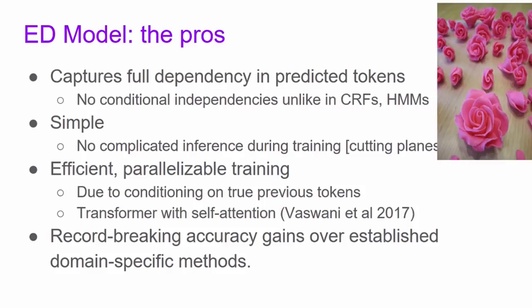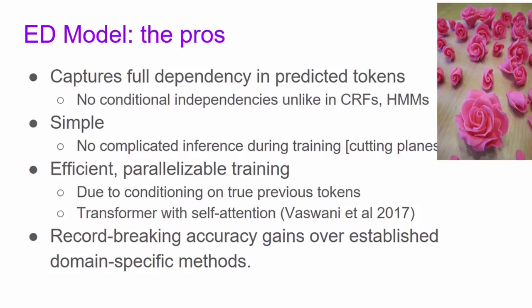But first, let's look at the positives. One of the big achievements of these models is that because they capture the full dependency in the predicted tokens, they do not have any bias. The model itself does not include any bias, and this was so much unlike CRFs and HMMs, which after a certain amount of training would saturate.